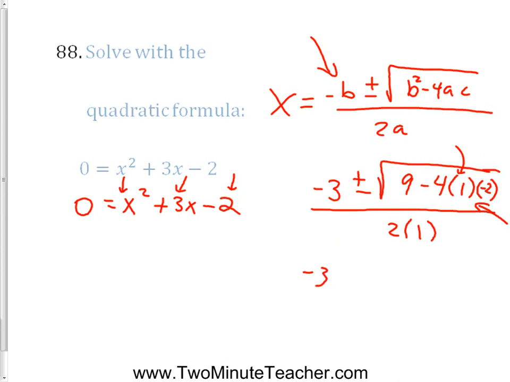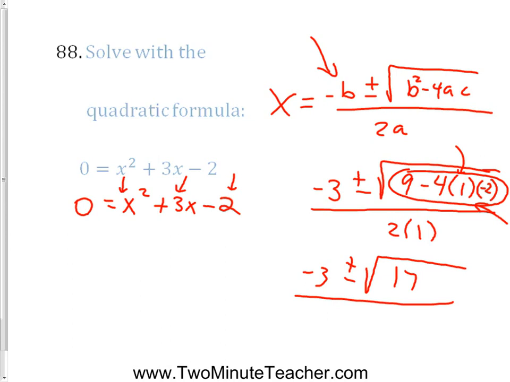Now I have negative 3 plus or minus the square root of 9. This part right here is where people make all the mistakes. 9 minus negative 8, which means 9 plus 8, which would be 17. All over 2 times 1 is 2.